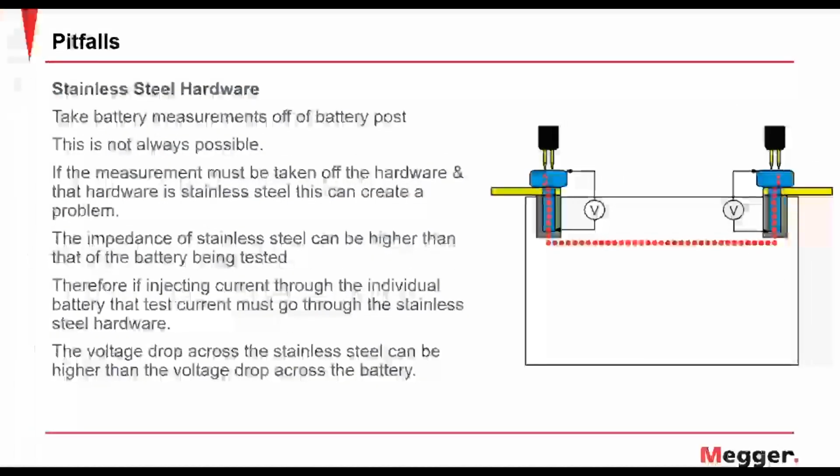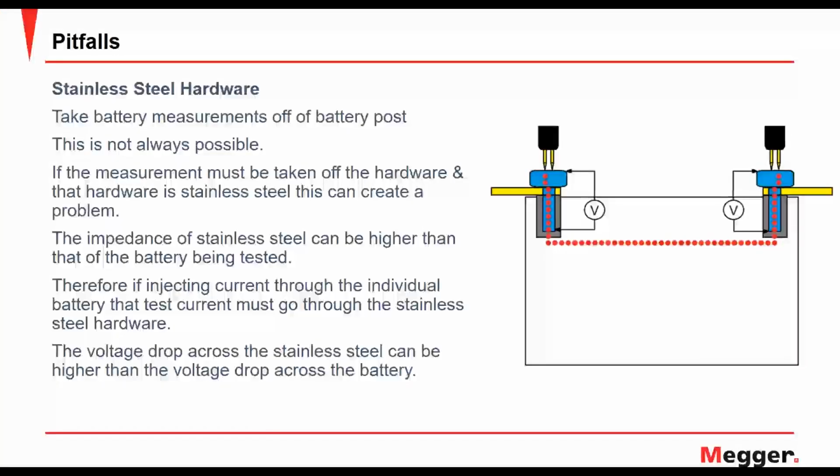Another issue, if there are some cells which have stainless steel hardware in the battery post, this stainless steel hardware can create some major challenges when you are testing the battery internal impedance, as this stainless steel hardware could have a high impedance and thus indicate there is a high impedance in the battery.